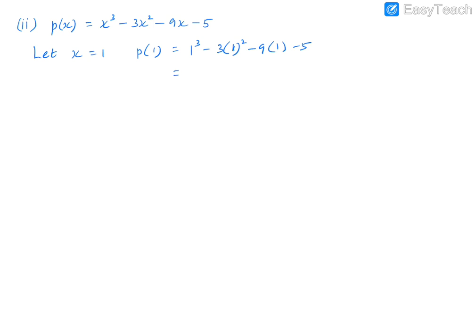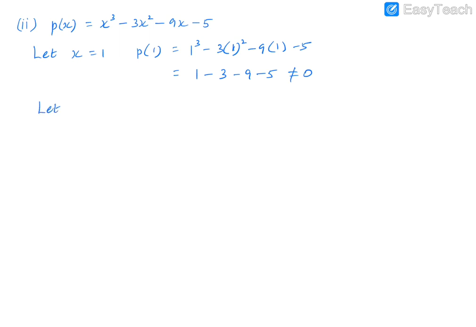Does it give us 0? 1 cube is 1, minus 3 into 1 square is minus 3, minus 9, minus 5. So clearly this is not 0. Minus 3 minus 9 is minus 12, minus 5 is minus 17, plus 1 is minus 16. So x equal to 1 is not a zero of the polynomial.